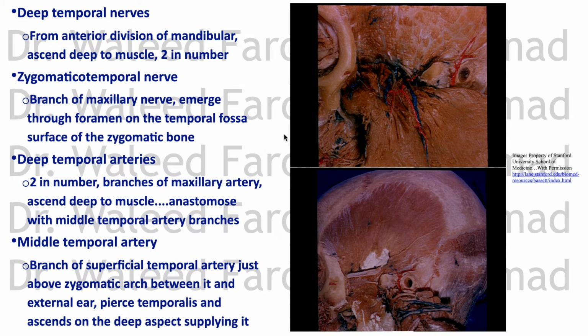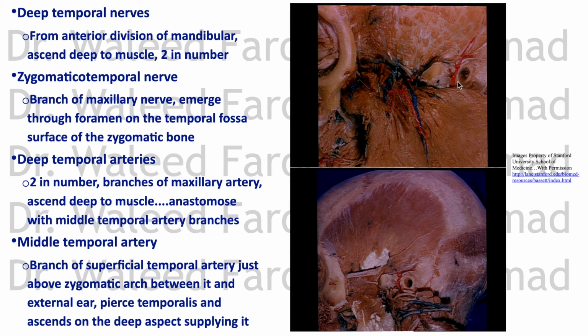We mentioned the deep temporal arteries. Deep temporal arteries for the supply of the muscle come from the second part of maxillary artery. These are the temporal arteries, see? There's another artery coming out of the superficial temporal, this time not from the maxillary. It's this one. It's called the middle temporal artery. Middle temporal artery comes out of the superficial temporal right in front of the ear.